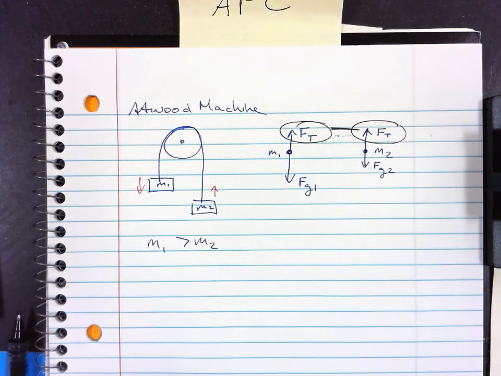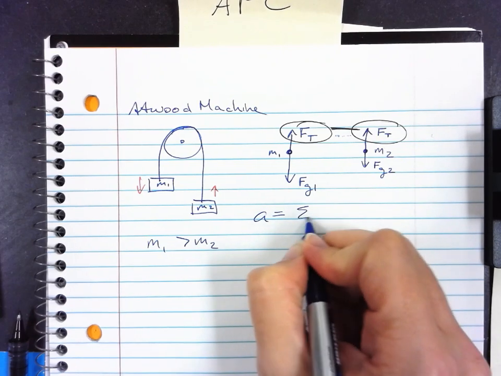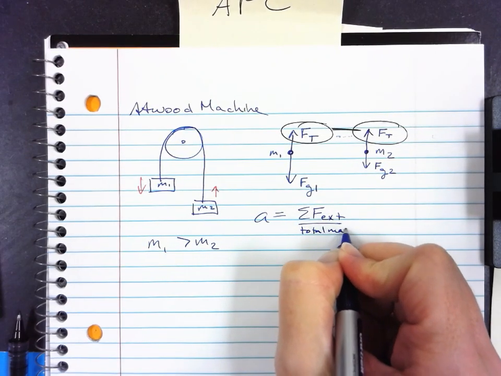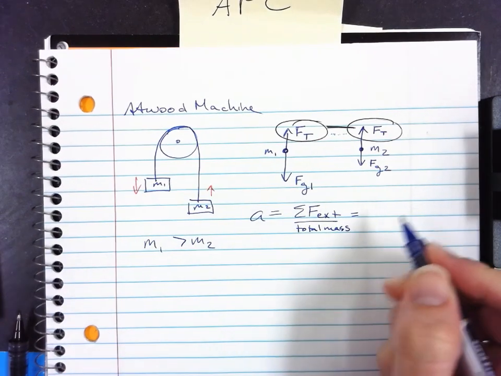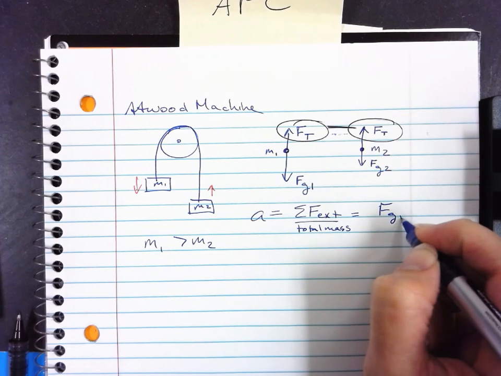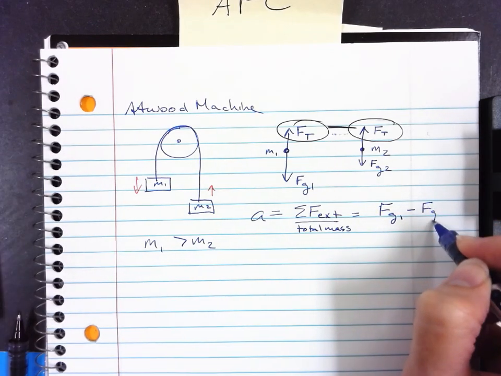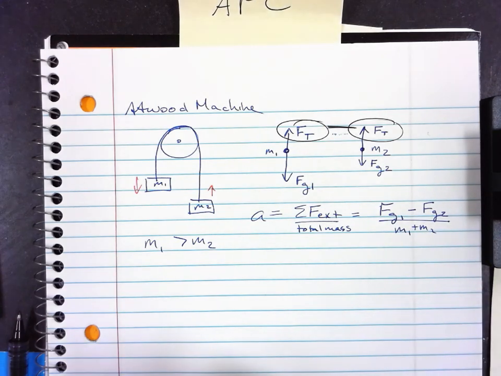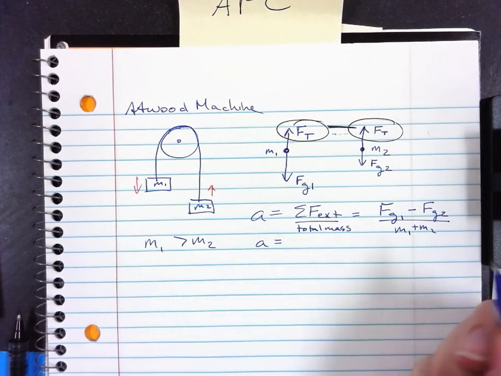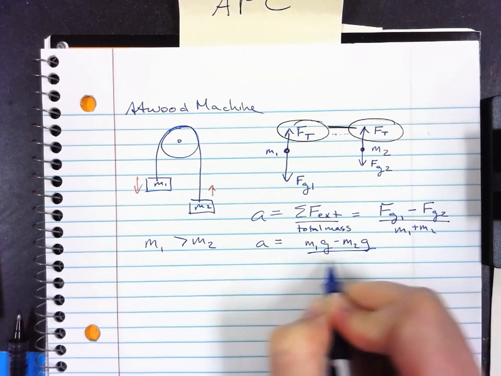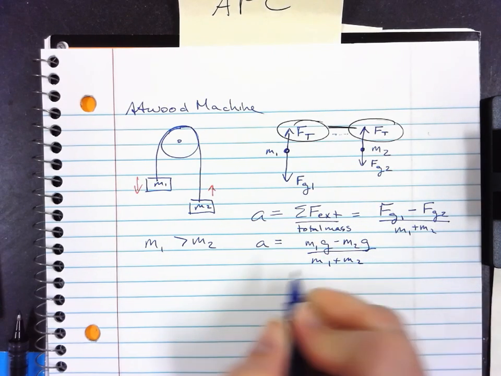So when we do acceleration is the net external force divided by the total mass, the external force is the difference in these 2 weights, Fg1 minus Fg2 over M1 plus M2. And then just a little bit of algebra here. Of course, this is M1G minus M2G over M1 plus M2.